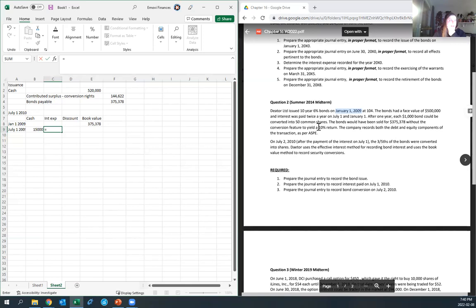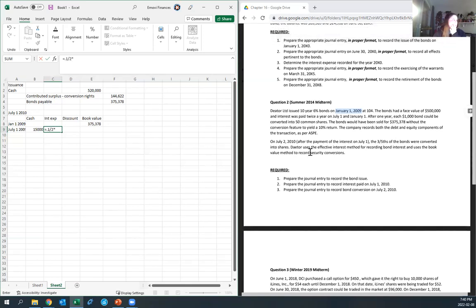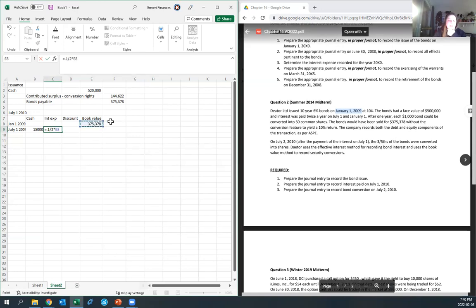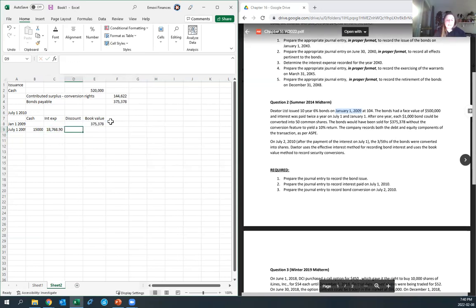Yeah, 10%, the market rate, divided by 2 again, times your book value of 375. Discount is the difference between the two. And you add it to your book value to increase it. So I'm going to do the same for January 1st, 2010, and then July 1st, 2010.